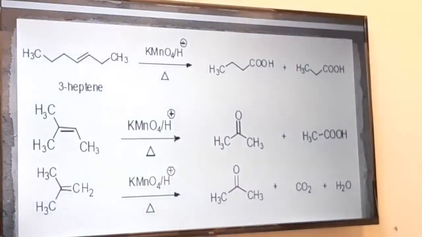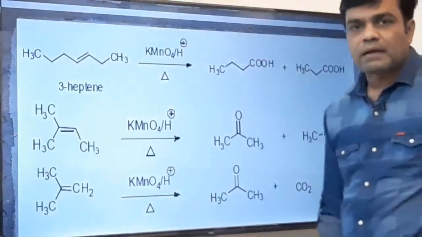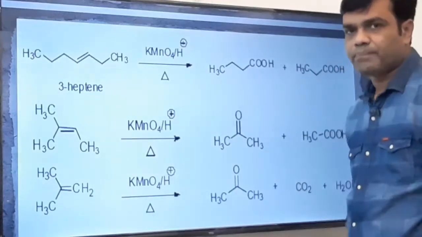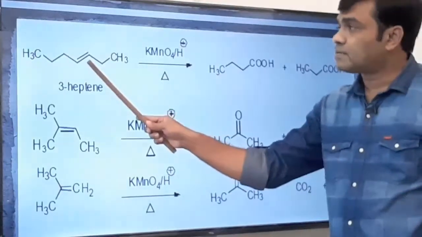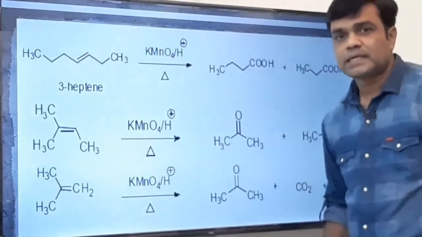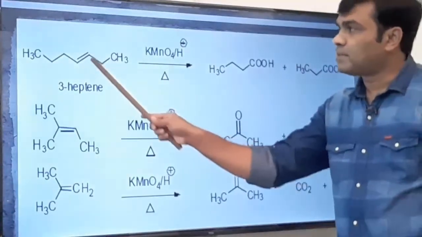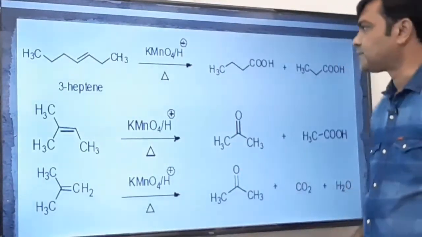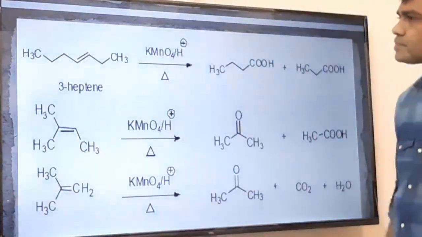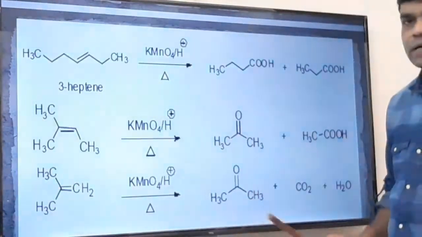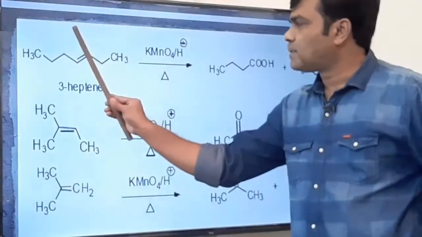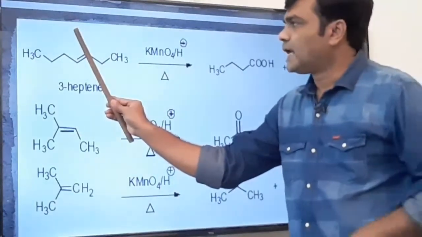Oxidative cleavage means oxidation as well as cleavage of the carbon-carbon bond. So first oxidation across the carbon-carbon double bond will take place, and then this carbon-carbon bond will break, or cleavage takes place.